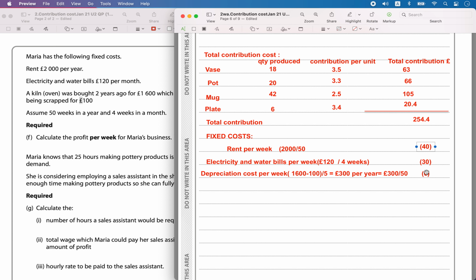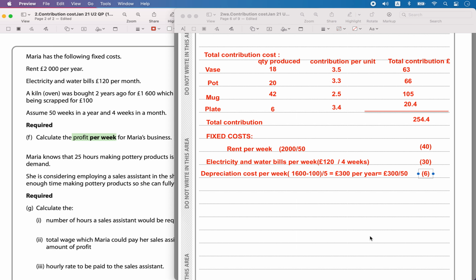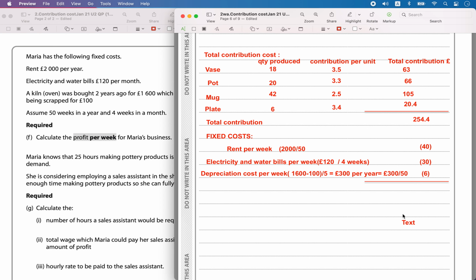So now we have all the fixed costs, and now we have to calculate the profit per week. So the profit per week is going to be equal to 254.4 minus 40 minus 30 minus 6, so that is equal to 178.40 pounds.